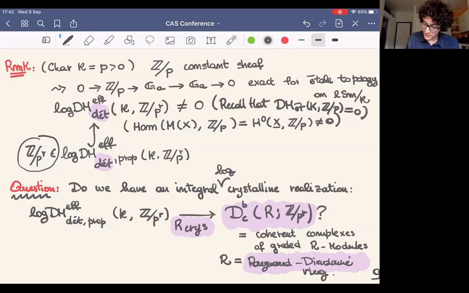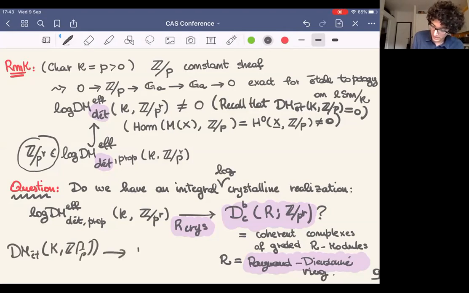So if you have such a map, and you have it for every R, you could compare this with the rigid realization. Okay, so let's just say that in DM et al. over K with Z[1/P] coefficients, you have something going to D_K with sigma and F, and this sends X to R Gamma of X over K. This is sort of rigid homology.